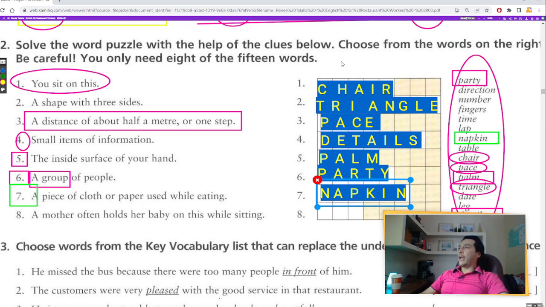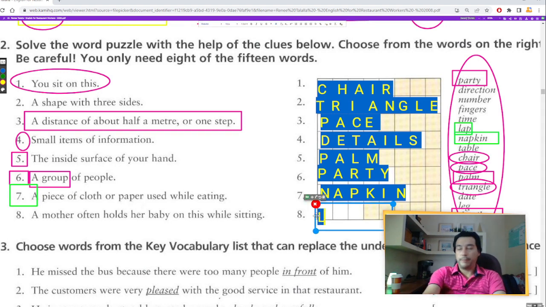And number 8. A mother often holds her baby on this while eating. 1, 2, 3 letters. Oh, I know. Lap. Like the computer's laptop. Remember we put the napkin on the customer's lap?